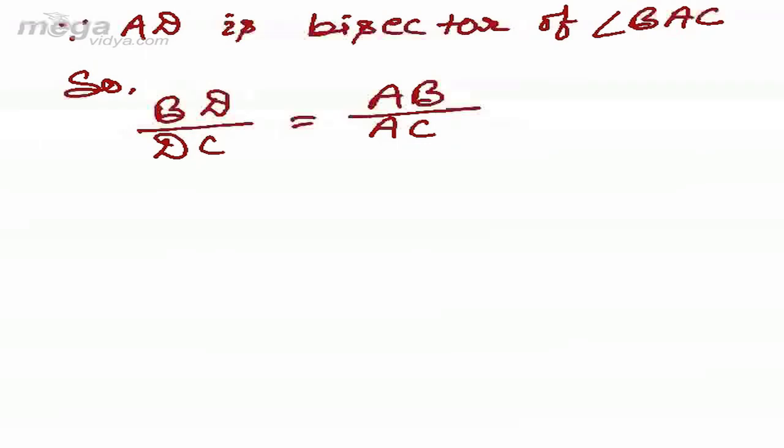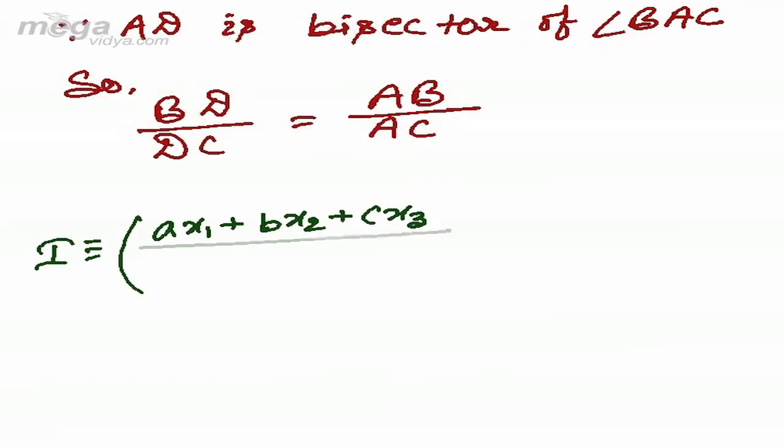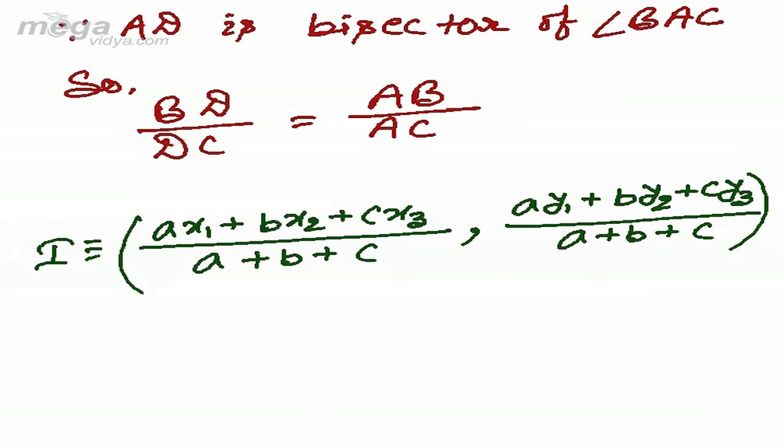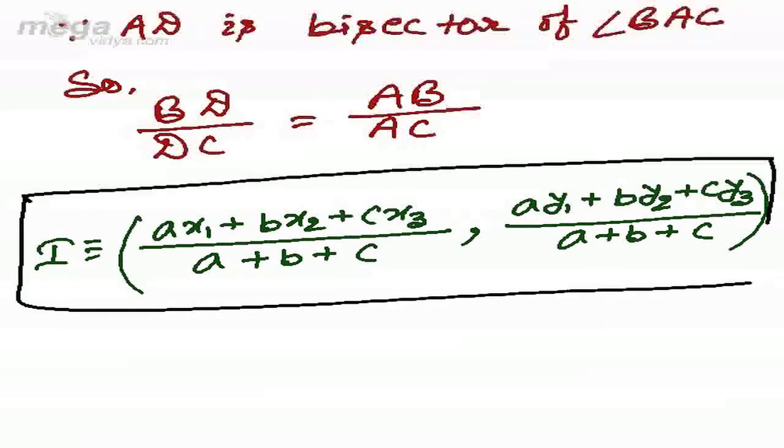After doing this process, we directly get the coordinate of the incenter as (a x1 + b x2 + c x3)/(a + b + c), comma, (a y1 + b y2 + c y3)/(a + b + c). So this is the coordinate of the incenter of triangle ABC.